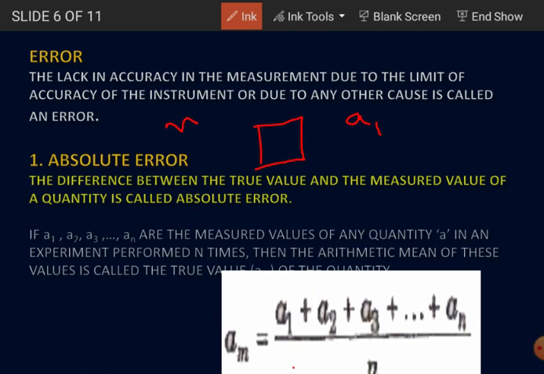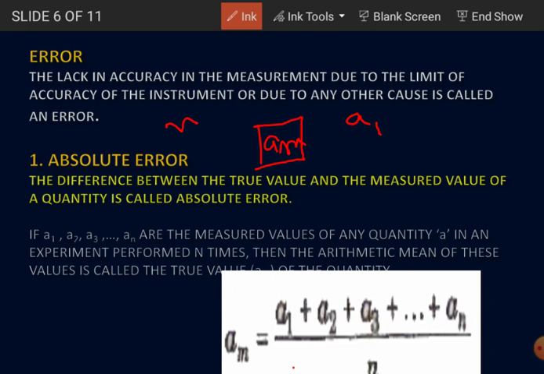But let's take mass, as I have given you. Let's take a given body whose actual true value of mass is am. And how do we find this am? We need the mean of different measurements of the mass of this given body.